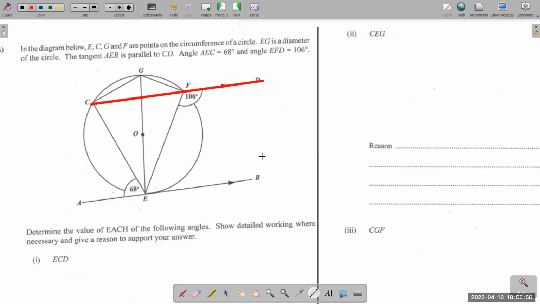So that's the one you gotta be careful. That is not a tangent. Also, anybody seeing the supplementary angle? Angles on a straight line? CF is the chord.